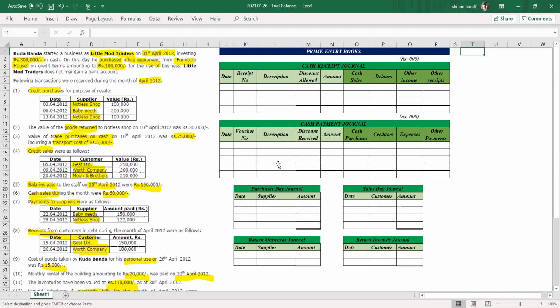So first, let's record the transactions in the prime entry books.